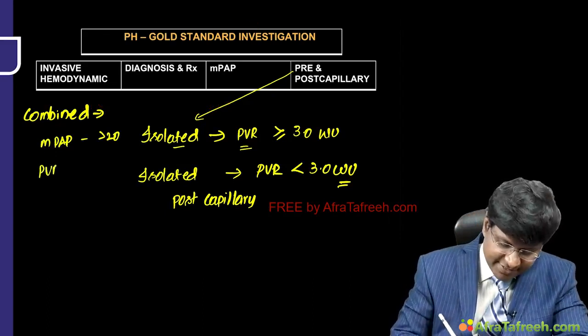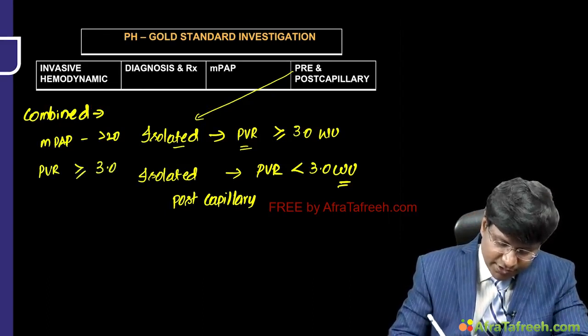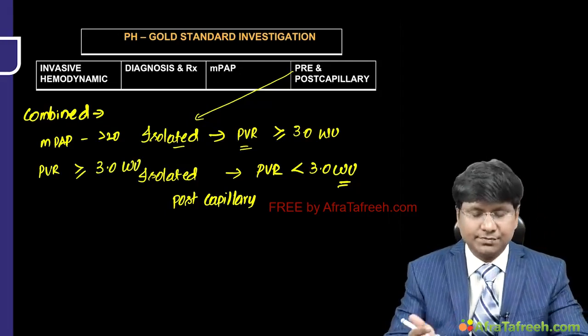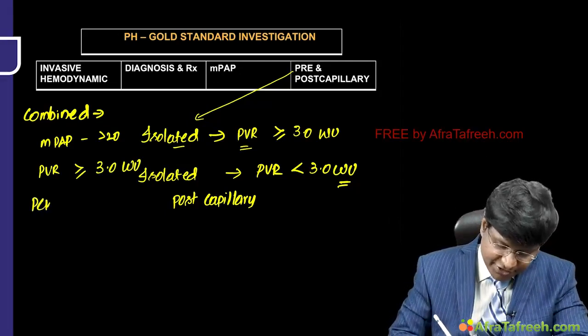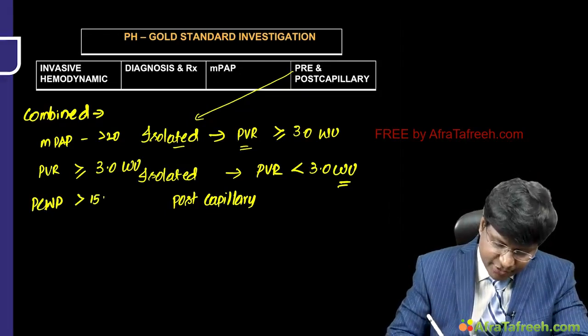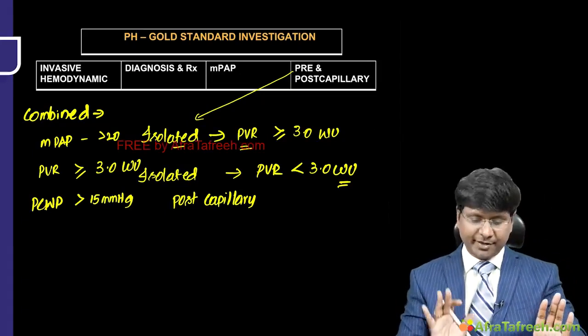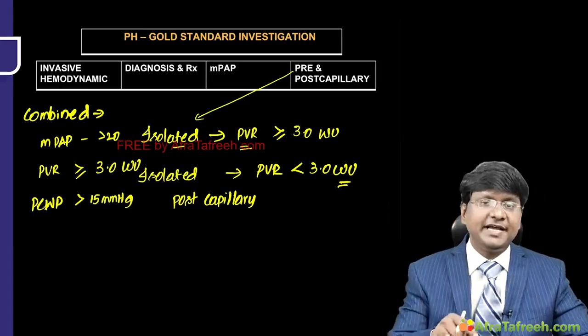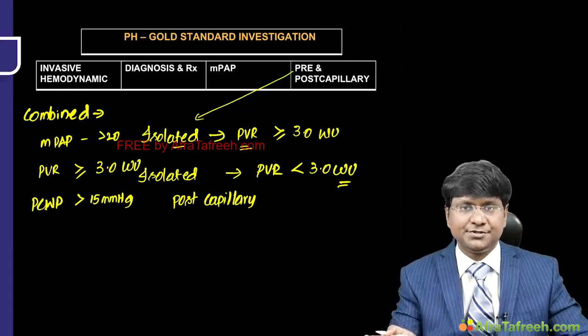And pulmonary vascular resistance will be more than or equal to 3 Wood units, and pulmonary capillary wedge pressure will be more than 15 millimeters of mercury, right? More than 15 millimeters of mercury. So this is combined pre-capillary as well as post-capillary hypertension, right?